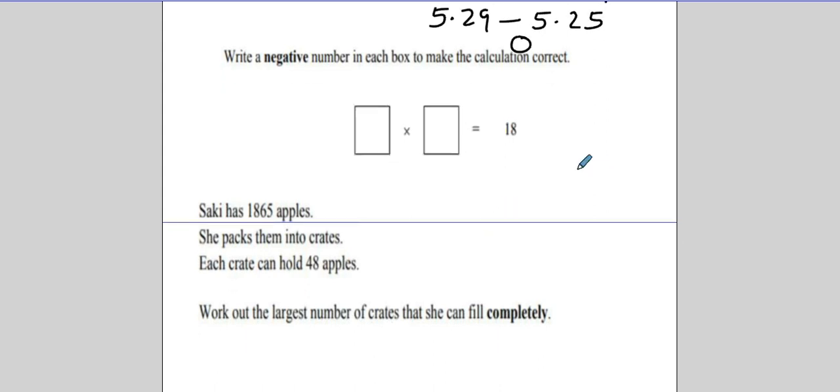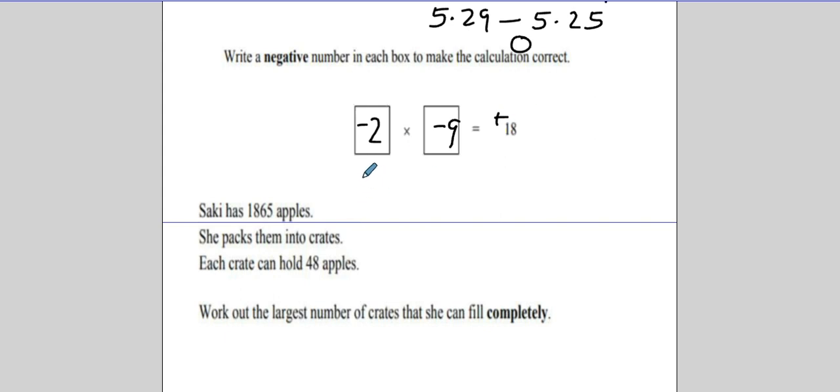Write a negative number in each box to make the calculation correct. So here there are so many possibilities. One can be negative 2 times negative 9. The answer will be positive 18.